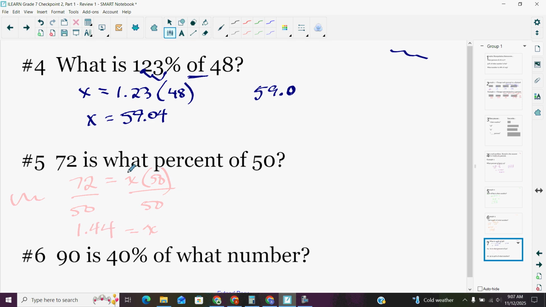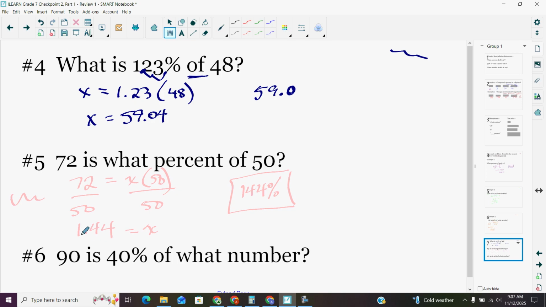And double check, I'm looking for a percentage here. I have it as a decimal. We do need to change it to a percent. Move your decimal point 2 places, 144%. Make sure your answer makes sense.